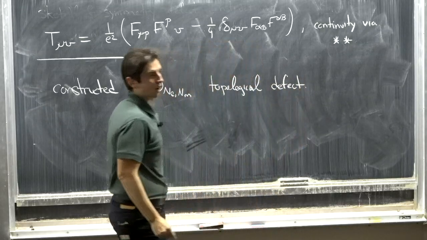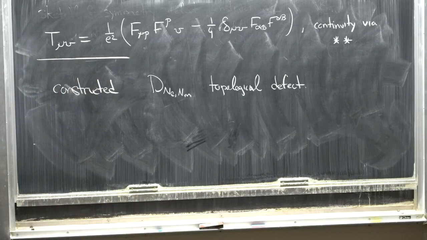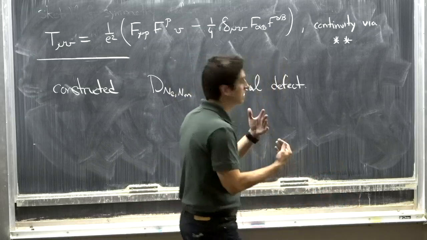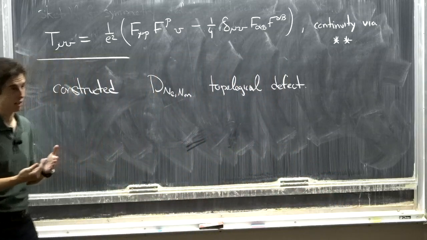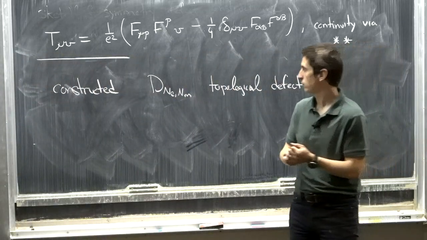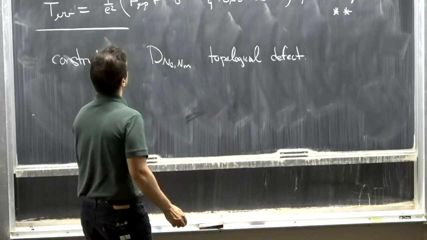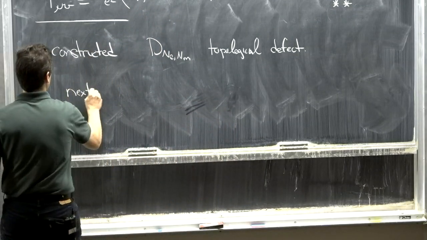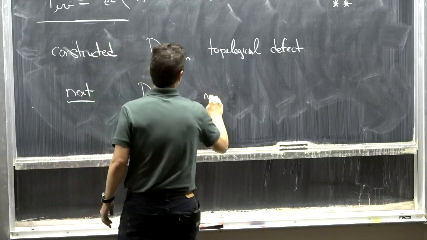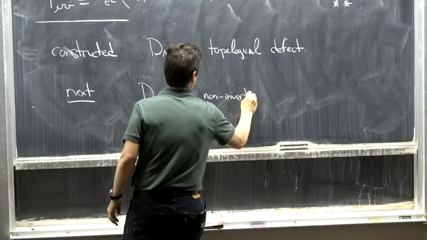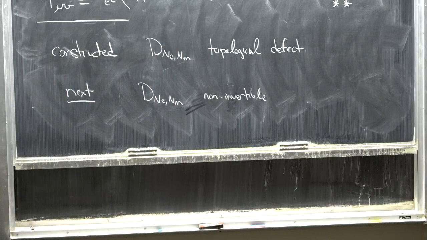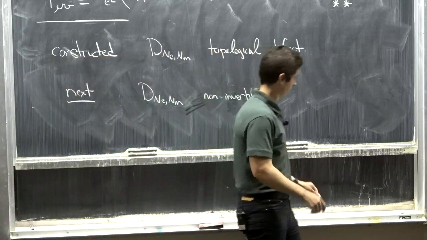I have borne out for you that the fact that the action was invariant under this composite operation of duality and gauging this discrete subgroup indeed gives rise to a topological defect, so a kind of honest symmetry in the way that I have been discussing the term symmetry. And what I'll start with next is that this D is non-invertible. So we will compute D dagger explicitly next time. But let me stop here and take some questions for the last 5 minutes.